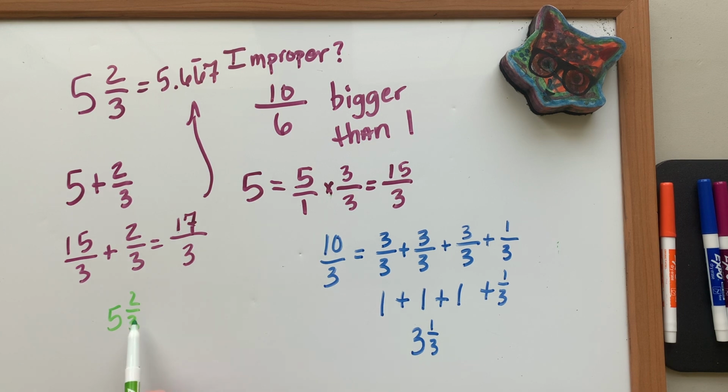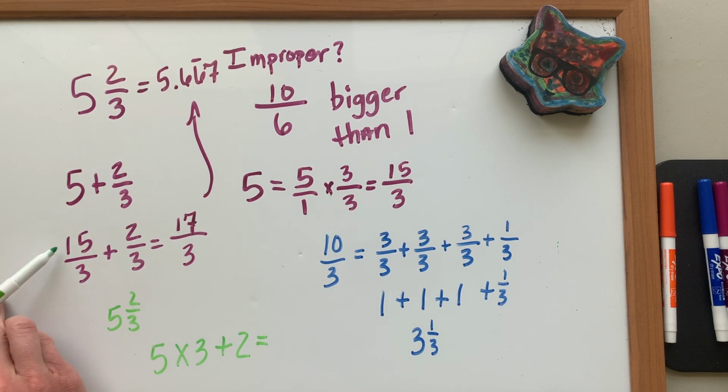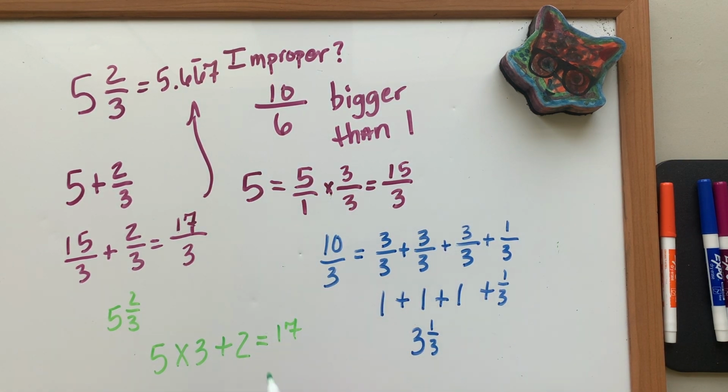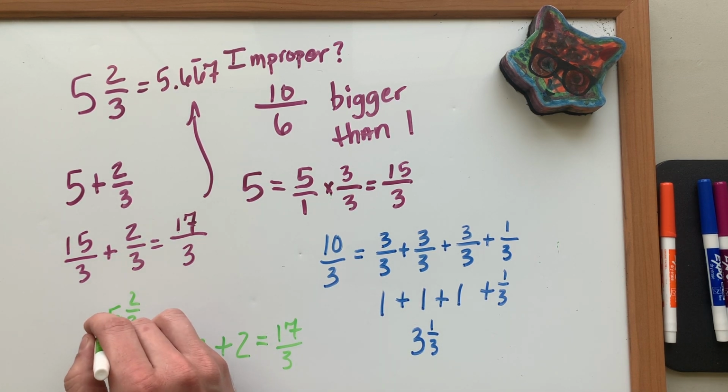And the quick way to do that is to take the whole part, multiply it by the denominator, and then after that, add the numerator. 5 times 3 is 15. 15 plus 2 is 17. 17 what? 17/3.